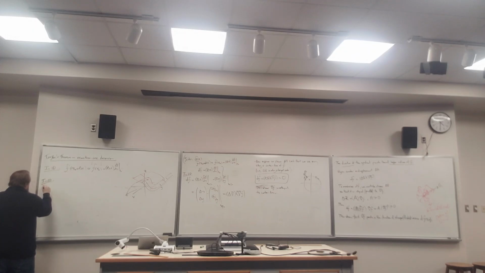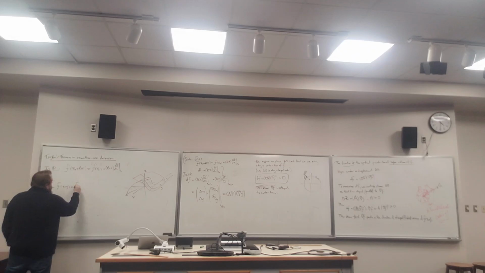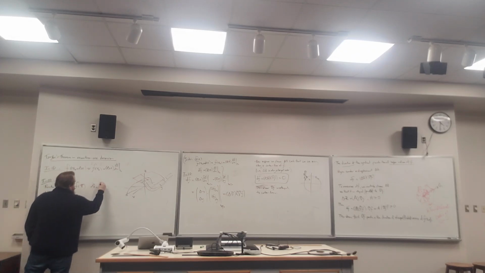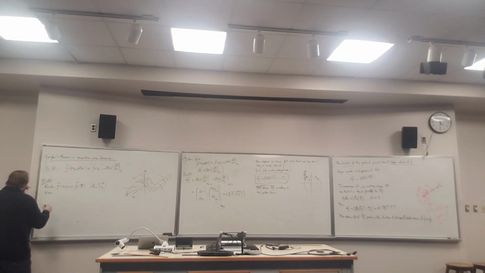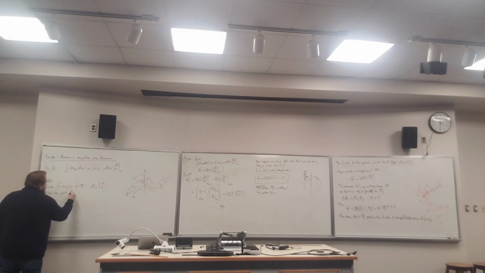And so the mathematical formula is very similar. Now, suppose we have a function f of x and y. We'll call this f of vector x, where vector x equals (x, y). So near the point x naught equals (x naught, y naught), we have f of x naught plus delta x and y naught plus delta y.